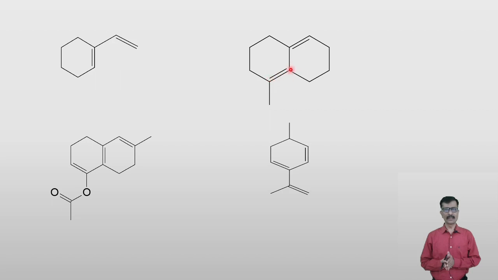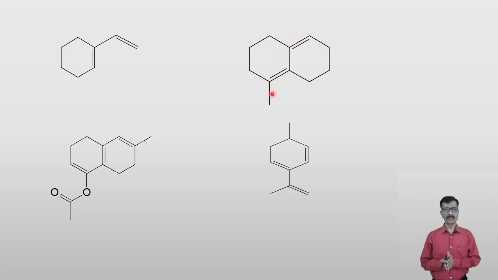This carbon is part of ring B, but this carbon is not a part of ring B, so first double bond is exocyclic to ring B. In this case, the first carbon of the double bond is part of ring A, while a second carbon of this double bond is not a part of ring A, so the second double bond is exocyclic to ring A. Thus, this structure has two exocyclic double bonds.